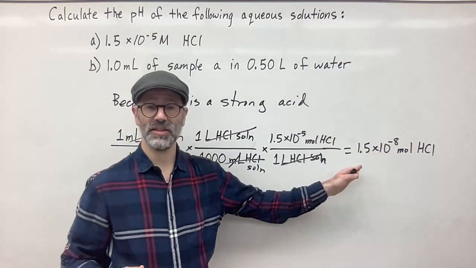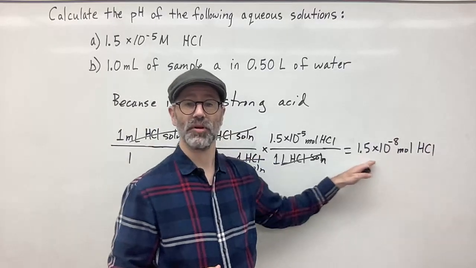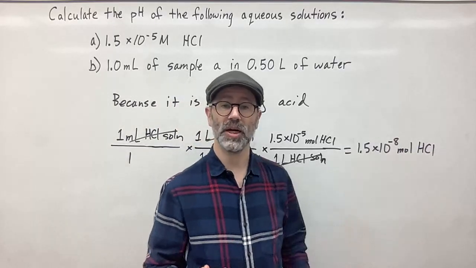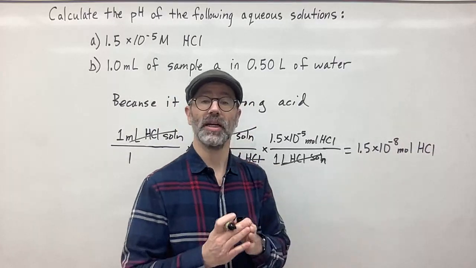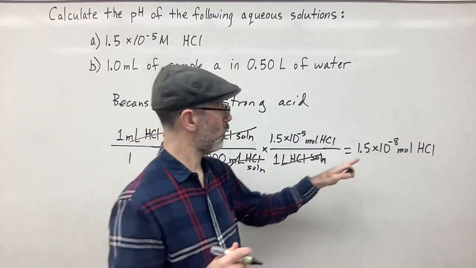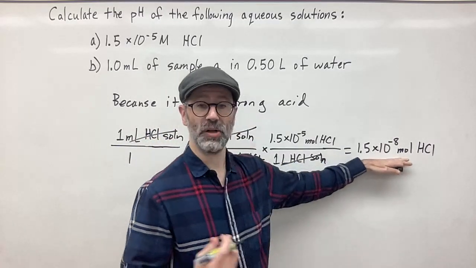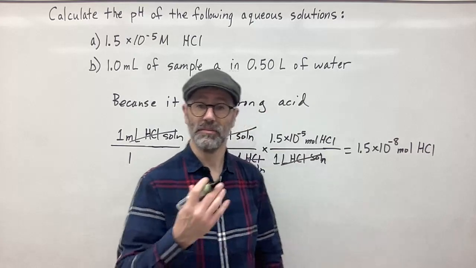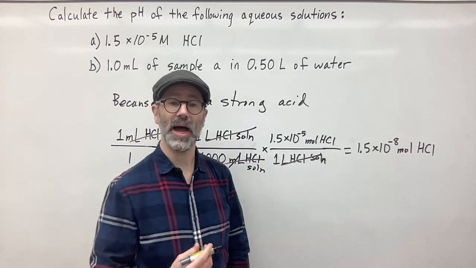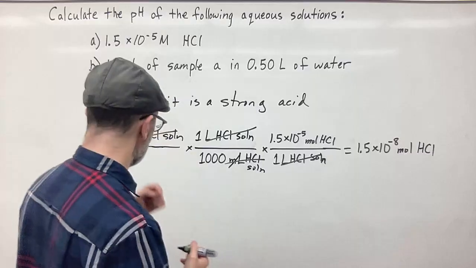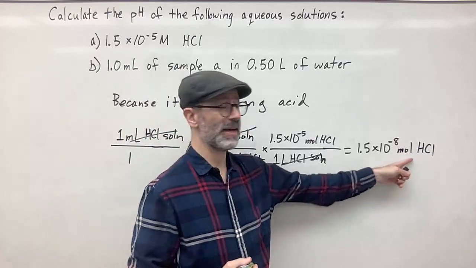And as we said, this is going to be the same as the number of moles of H plus, because remember, in water, it's going to be fully ionized. So this many moles of HCl is the same as that many moles of H plus ions in the water. Now all we need to do is divide this by the new volume.